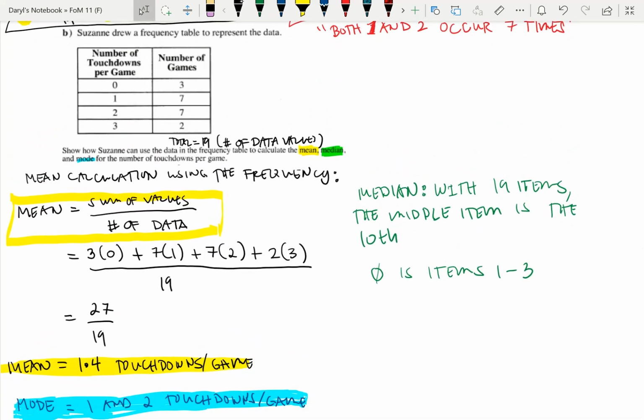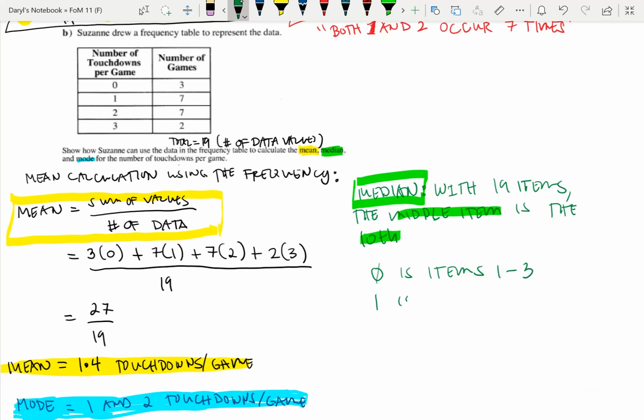Remember that in getting the median, we need to arrange them from the smallest to the greatest, right? But I'm taking note that my middle item is the 10th. So that would also follow that that is my median.